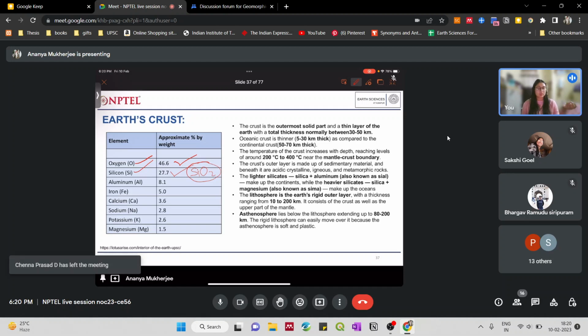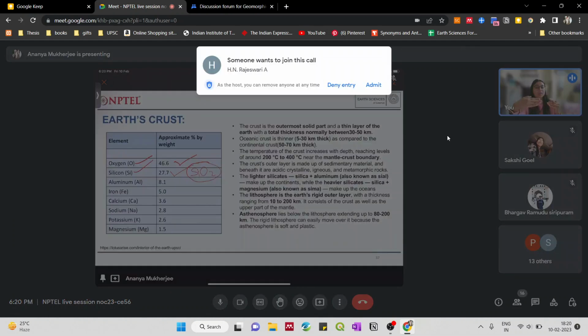These rocks are sedimentary, igneous or metamorphic, but mostly the Earth's crust is made up of sedimentary rocks. And the distinction between the continental crust and the oceanic crust comes from their chemical composition.